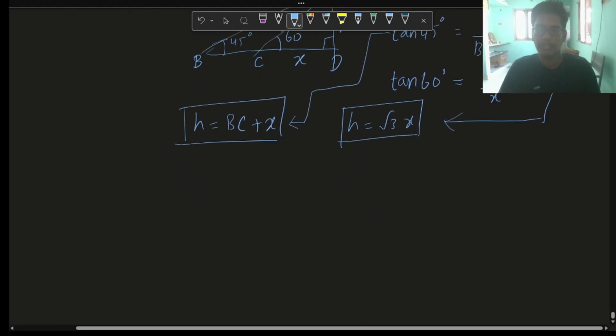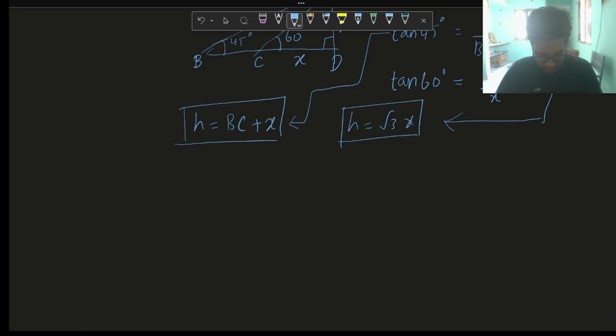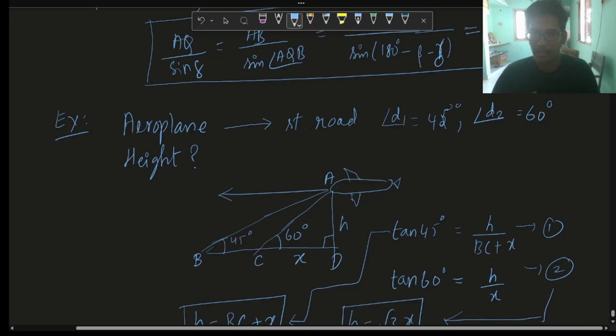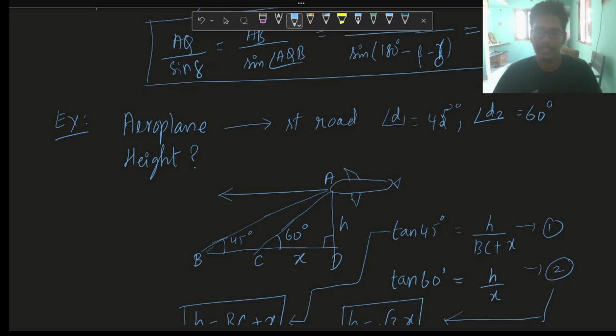Then we have to equate accordingly. They are asking us to find the height of the aeroplane. They are also telling that from an aeroplane vertically over a straight road, the angle of depression of two consecutive kilometer stones. Consecutive means, for example, if one stone is thrown at 2 kilometer, then the next stone will be thrown at 3 kilometer.